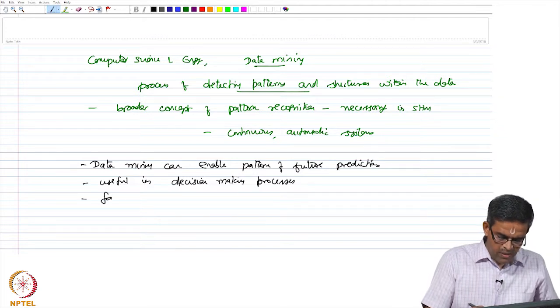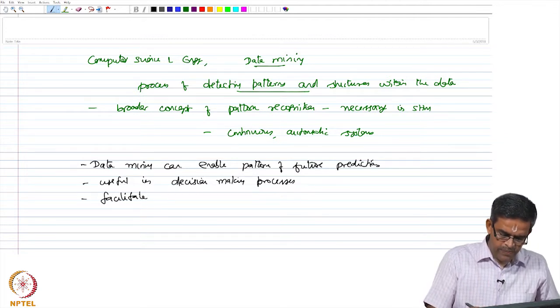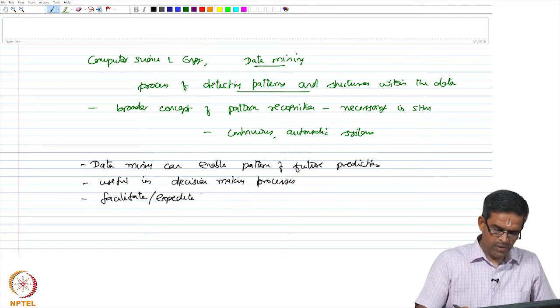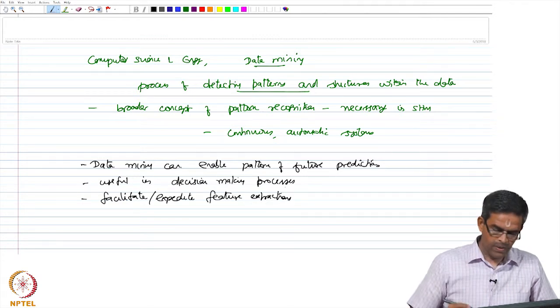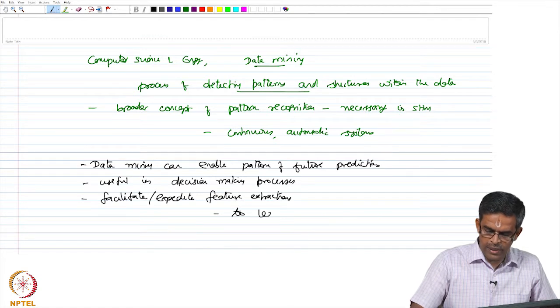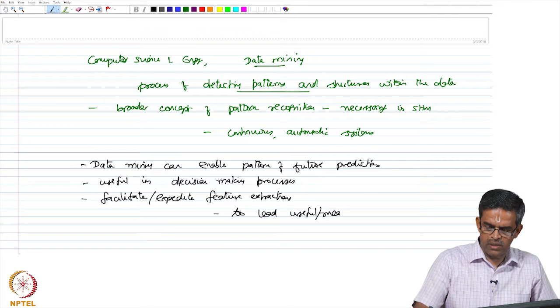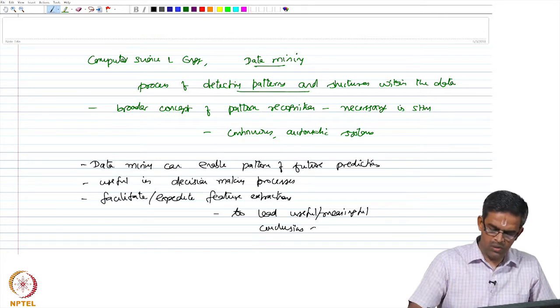It can facilitate and expedite feature extractions, to lead to useful, or let us say meaningful, conclusions on the patterns.